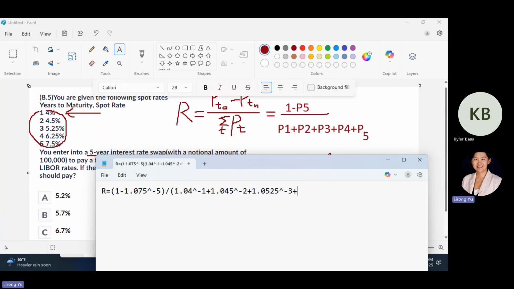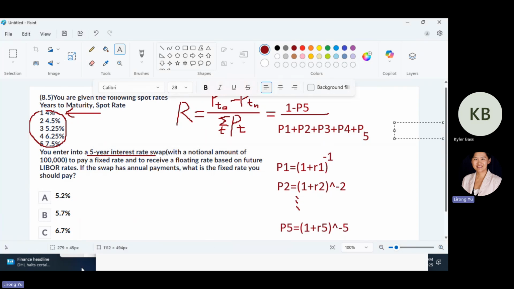The fourth one is 1.0625, raised to the power of -4, and then 1.075 raised to the power of -5. That's the whole calculation. Type it into the calculator, and that should be your answer for the swap rate. I'll leave it there, and you try to finish the rest of the calculation.